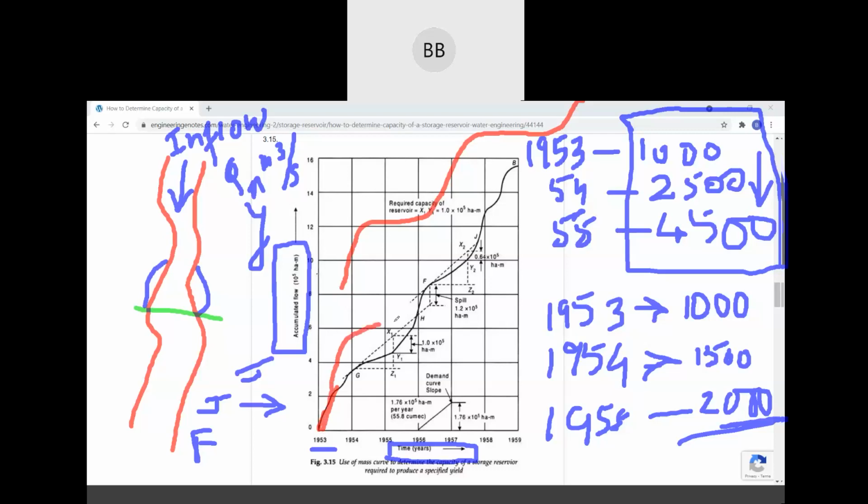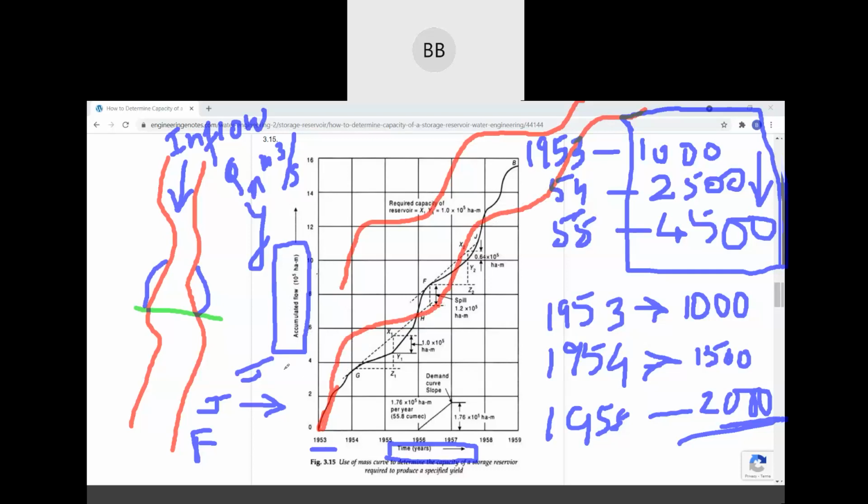First it will increase, then it will be a little bit decreasing. Though this peak and this dry point are not prominent, you can figure it out when you plot it in Excel. You can see this pattern. When you plot the accumulated inflow, it increases, then decreases, increases, and again decreases.